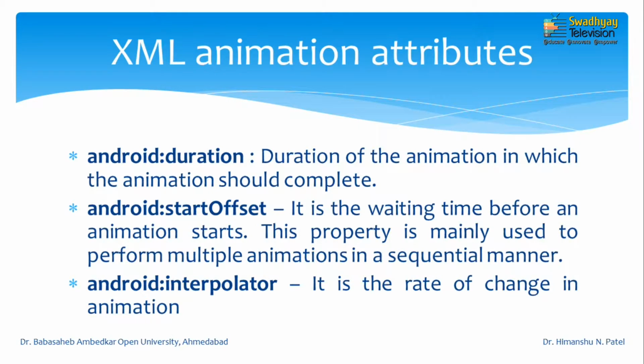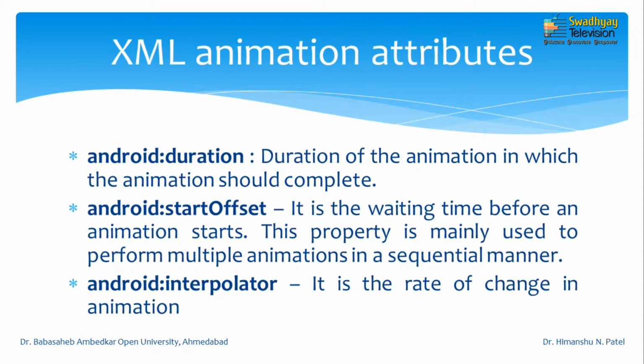Inside XML, we define certain attributes that you must know, because they are very important animation attributes. So, we discuss these attributes right now. First is android:duration. Inside XML animation, we write this attribute to specify the duration in which the animation should complete. So, total duration of animation is specified by this attribute.